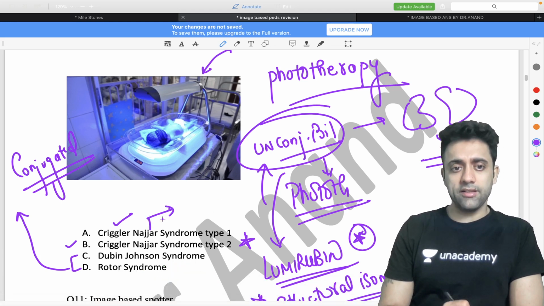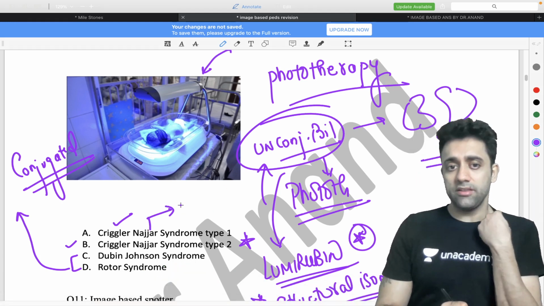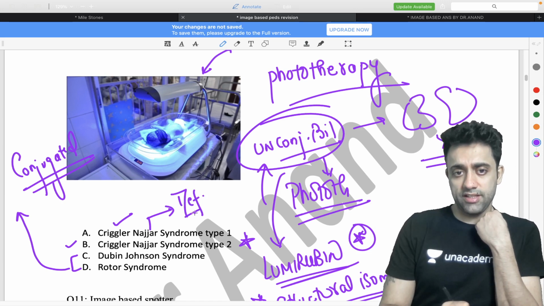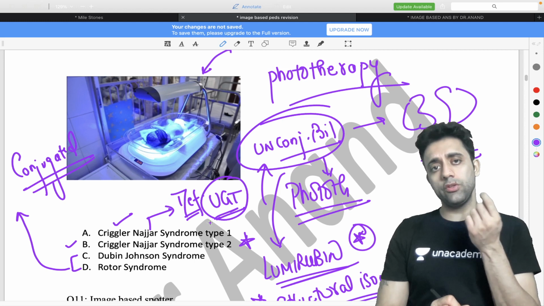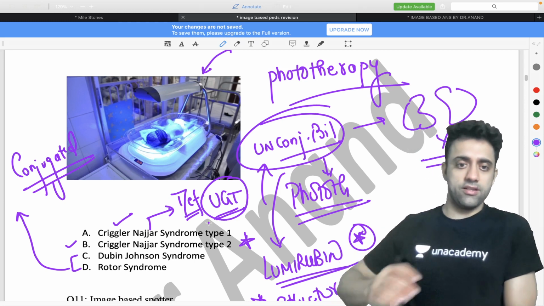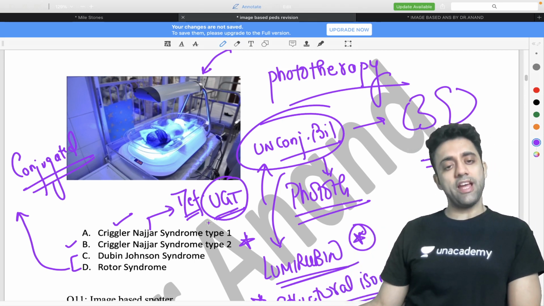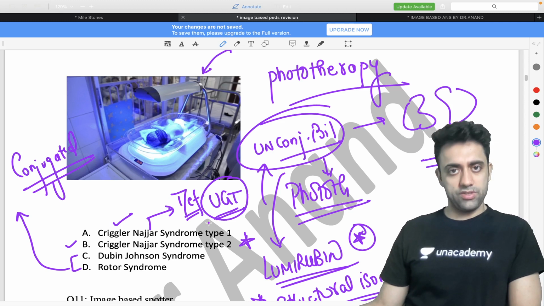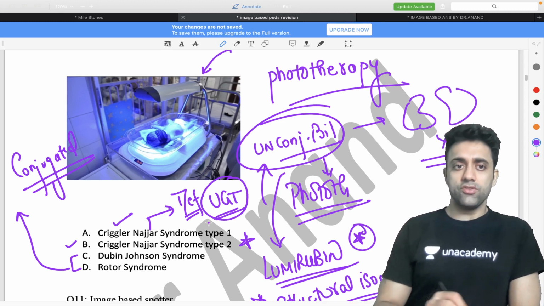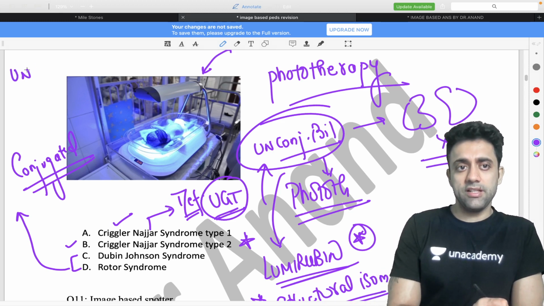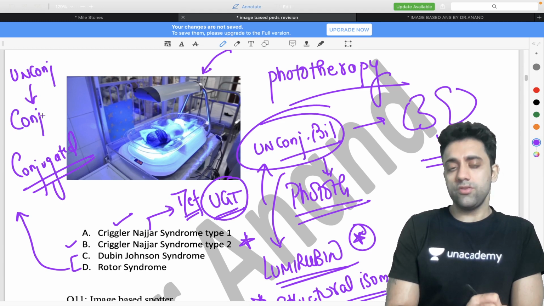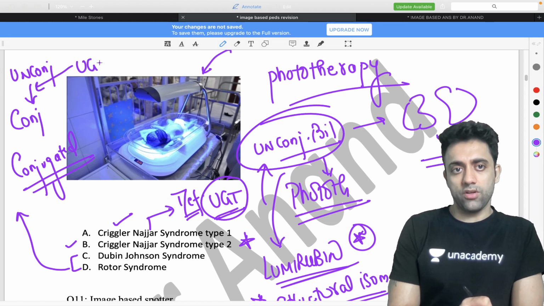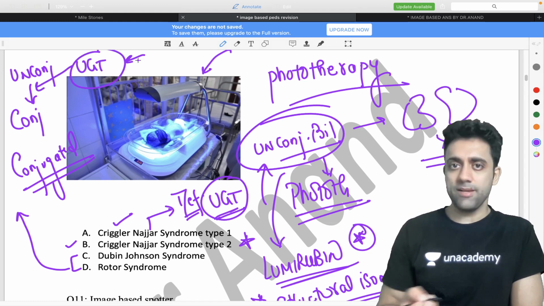We all know that in Crigler-Najjar syndrome type 1 there is an absolute deficiency of the UGT enzyme, uridyl glucuronide transferase. Normally unconjugated bilirubin gets converted into conjugated bilirubin with the help of the UGT enzyme, yes or no?